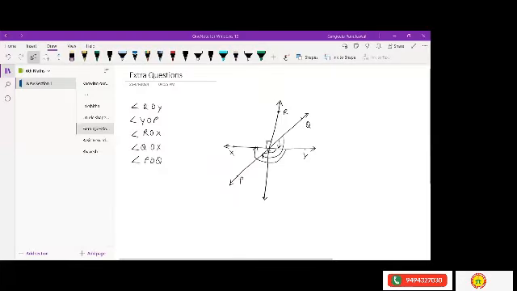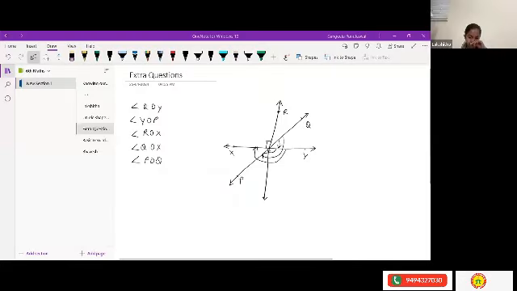Now you have to name these figures. Ma'am, I cannot see the screen. Did you share your screen? Oh, I'm so sorry, I forgot to share the screen. I'm sharing now. Can you see now? Yes, ma'am.